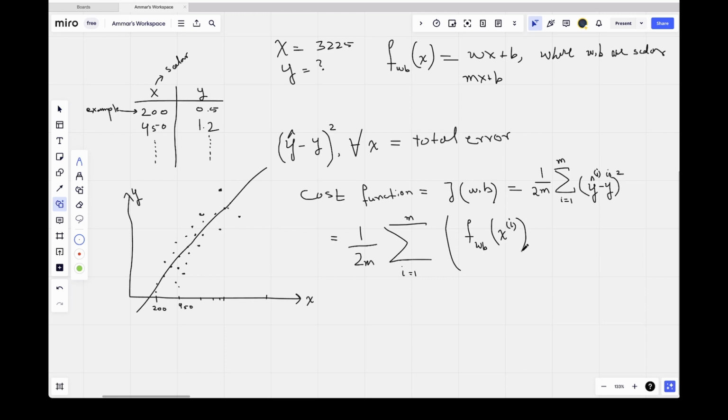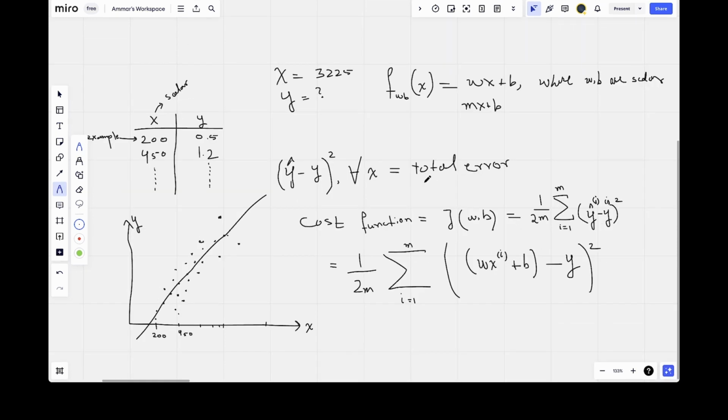If I expand that out, that is basically w times x superscript i, which denotes a particular sample, plus b, minus y, and that is squared, right? So this is your cost function.